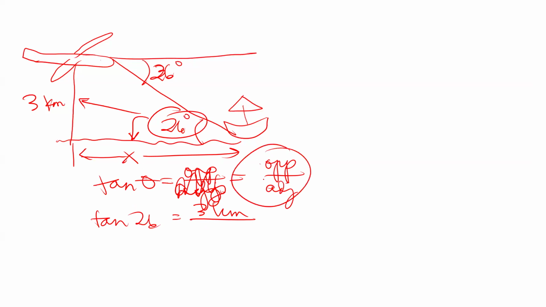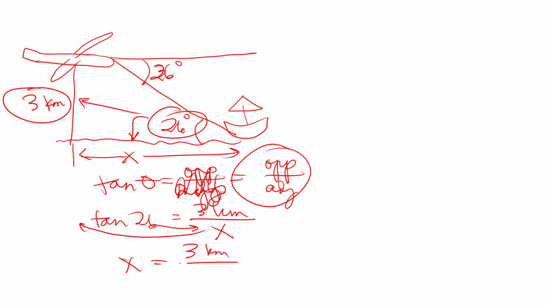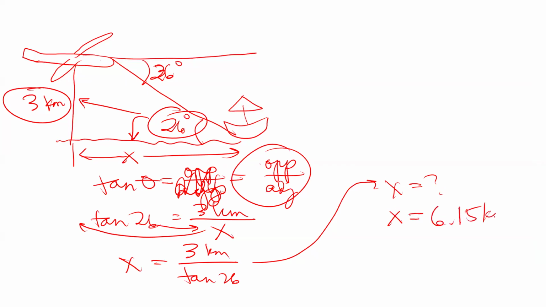Our theta is 26, the opposite side is 3 kilometers, the height of the airplane, and we don't know the adjacent side, x. So x is 3 kilometers over tan 26. What is the value of x? Everybody get your calculators. What did you get? Very good. x equals 6.15 kilometers.